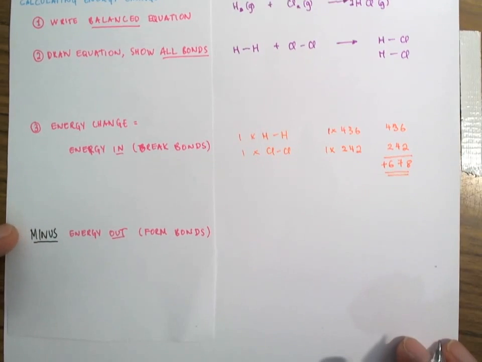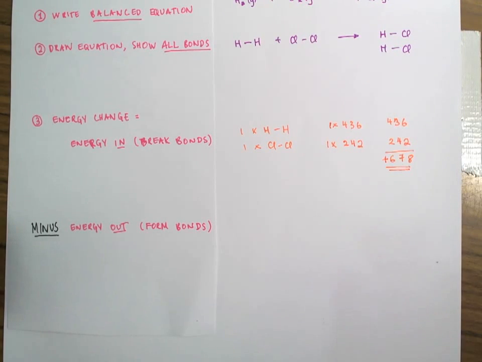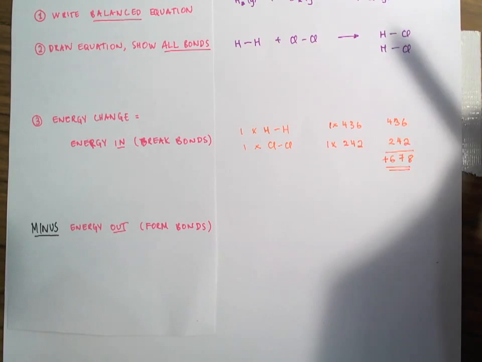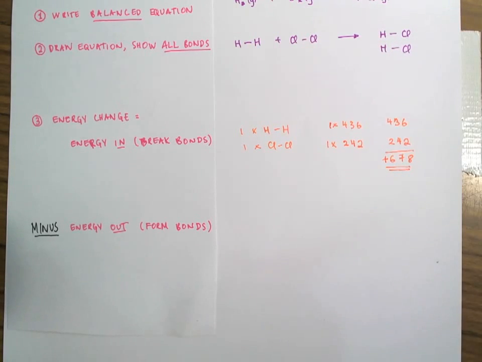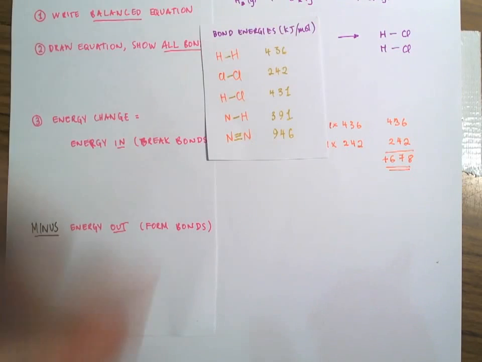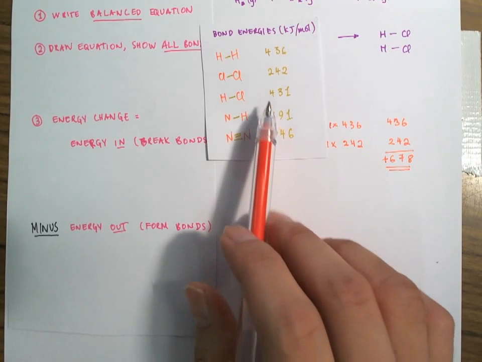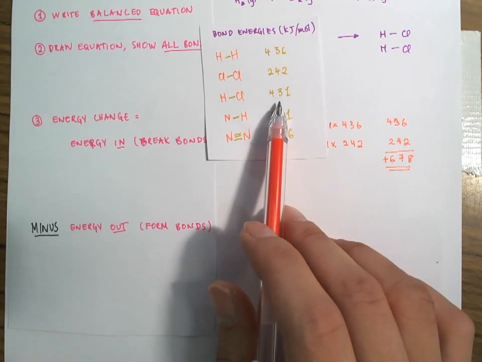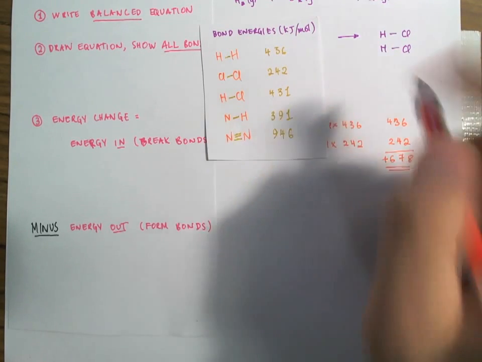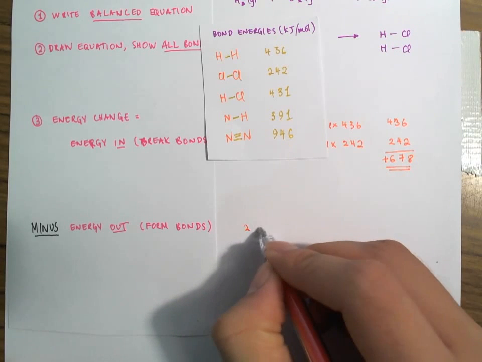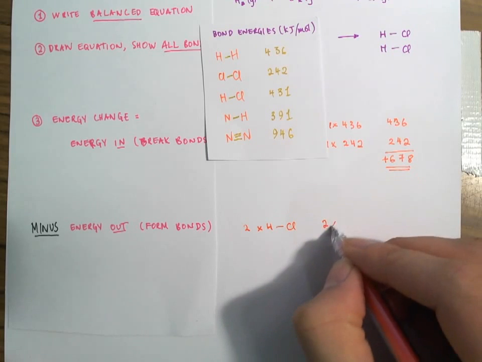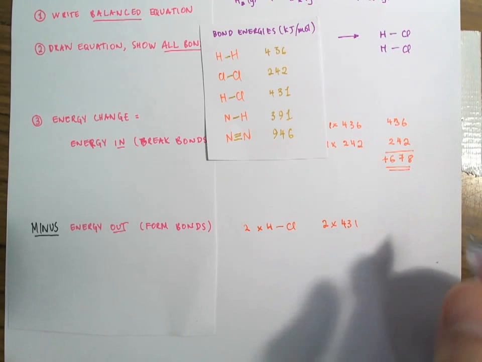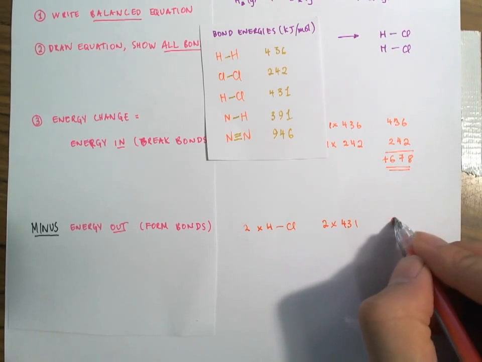And now let's take a look at how much energy is being released when we form these 2 moles of hydrogen chloride here on the product side. So taking a look at my table again, I see that HCl has a bond energy of 431 kilojoules per mole, and since I have 2 of them, I'm going to do 2 times 431, which is 862.